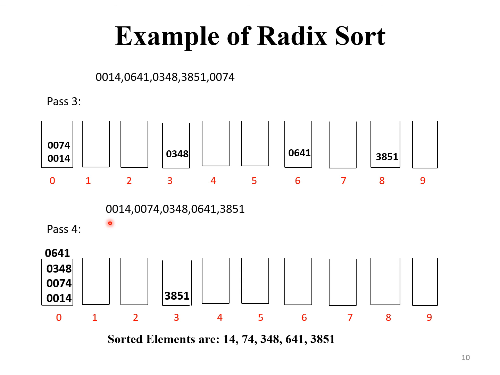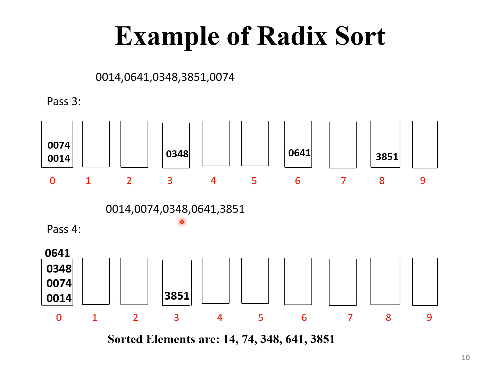Here we move from the least significant digit to the most significant digit. The most significant digit of 0014 is 0, so we put it in the 0th bucket. Next is 0074, most significant digit 0, 0th bucket.